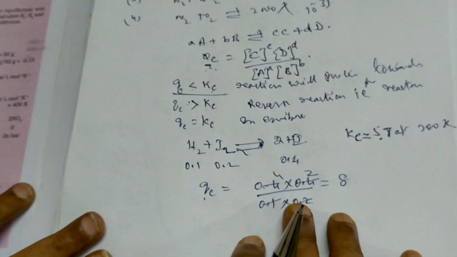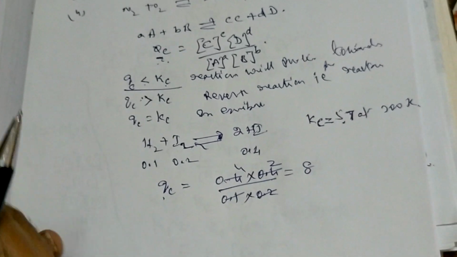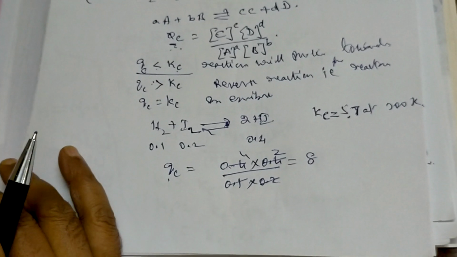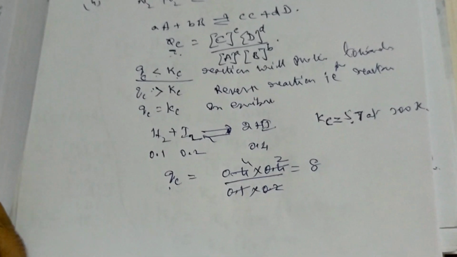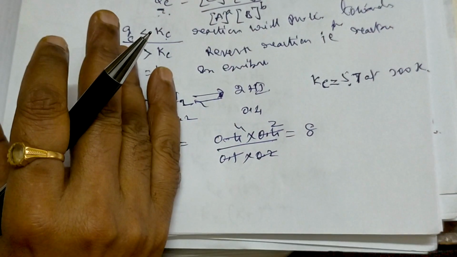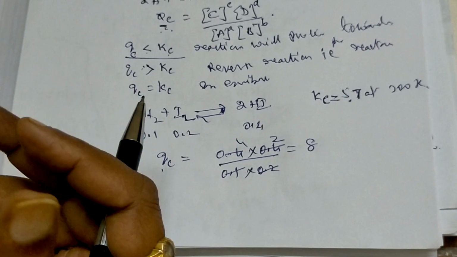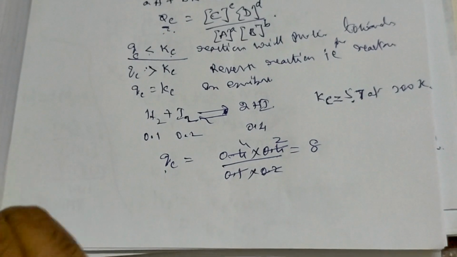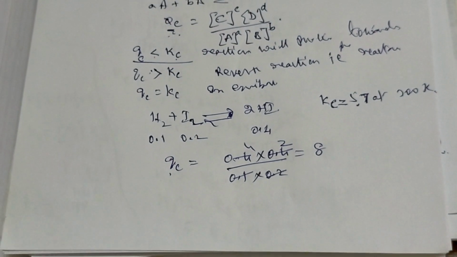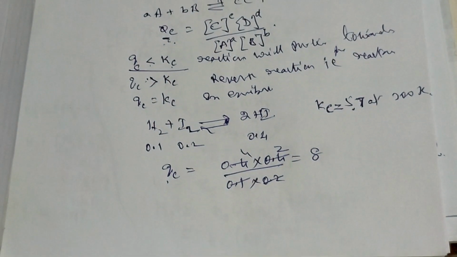How to calculate equilibrium concentrations we saw yesterday. Then the relationship between the free energy, delta G, which is the spontaneous reaction, and the equilibrium constant, we will see tomorrow.